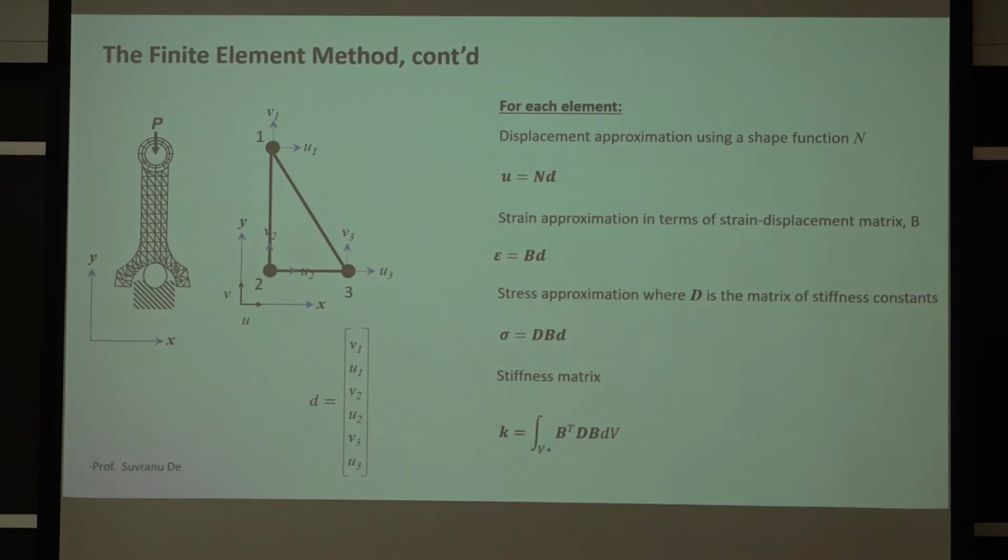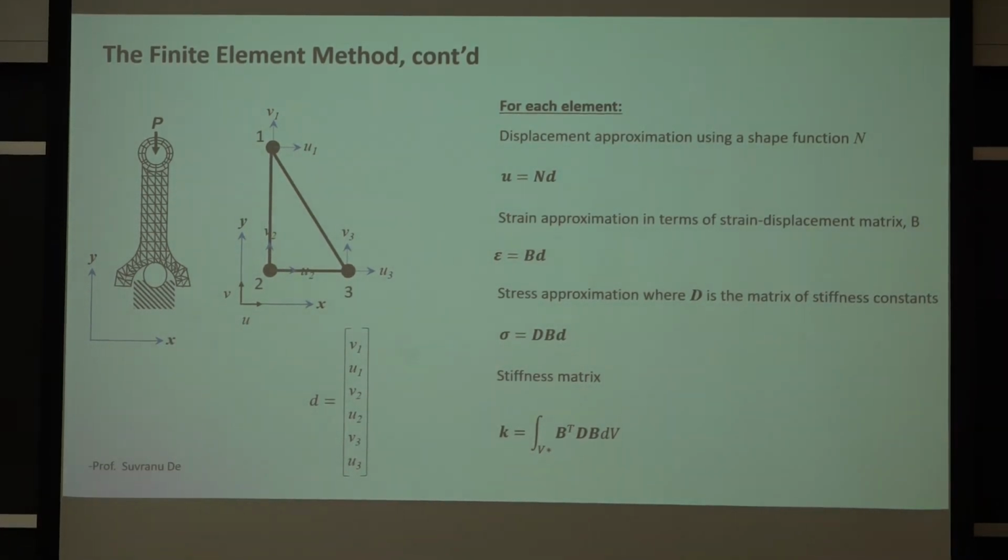Because you have these little elements made of materials, you can begin to write out equations that describe how they behave when subject to boundary conditions or a force that changes their geometry. So here are some calculations. The displacement can be approximated by a shape approximation matrix times the displacement vector d.